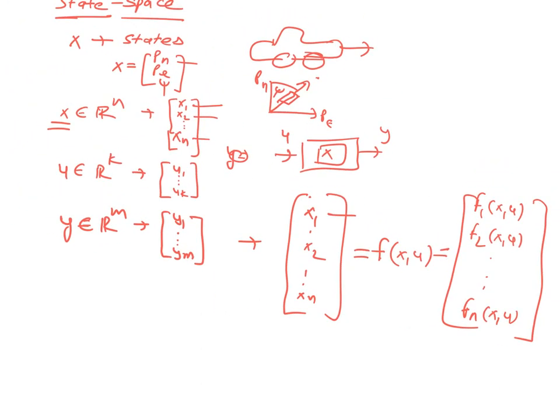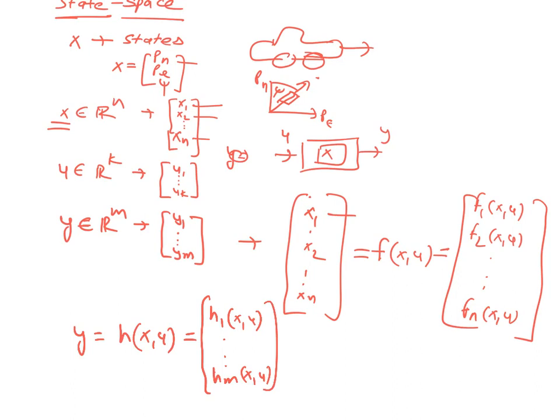Similarly, your output y is also a function of states, a function h of x, u, which is m functions, h1 of x, u to hm of x, u.